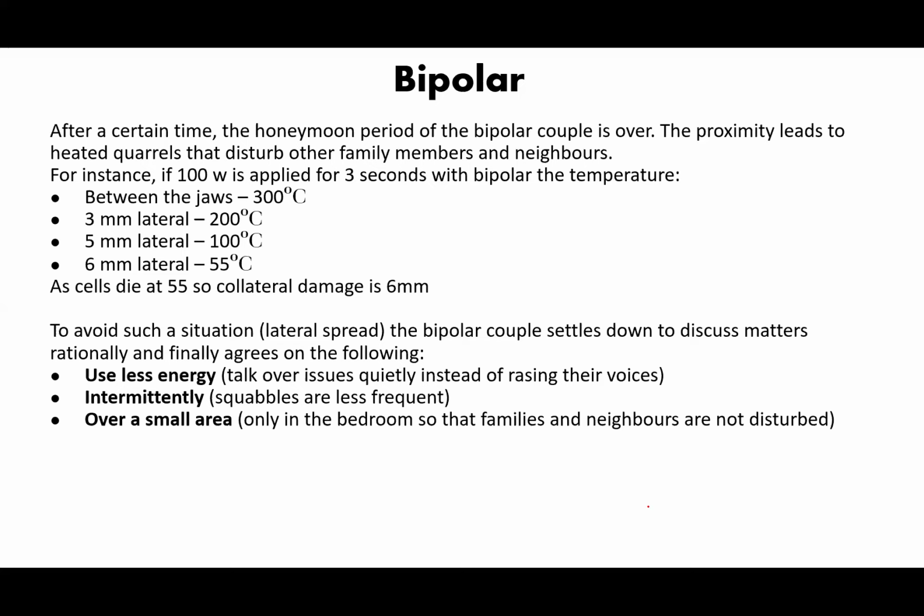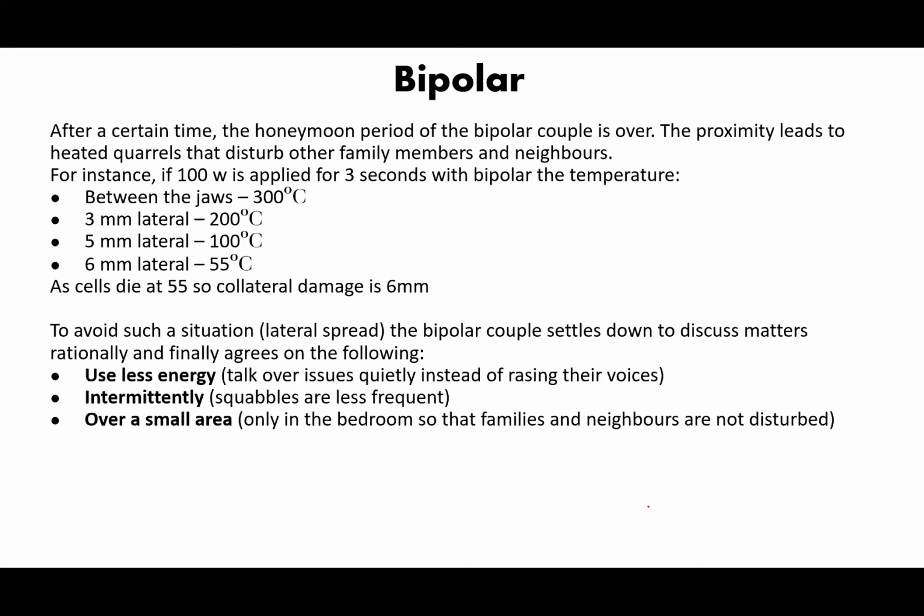For instance, if 100 watts is applied for 3 seconds with bipolar, the temperature between the jaws is 300 degrees Celsius. You can imagine we say 200 degrees causes charring, black coagulation. Now, 3 millimeters lateral to that tissue will be like 200 degrees.